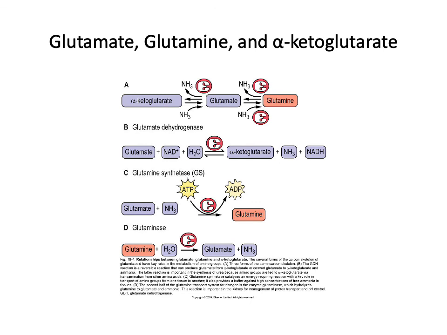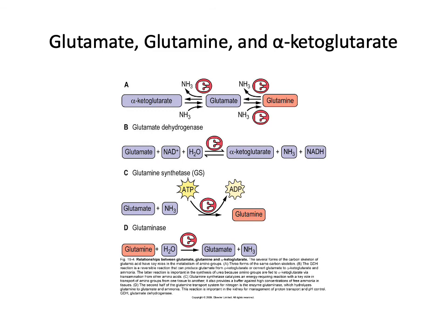Again, the enzyme glutamate dehydrogenase removes the amino group from glutamate to produce alpha ketoglutarate. And remember, that's a reversible reaction, so it can go in either direction.